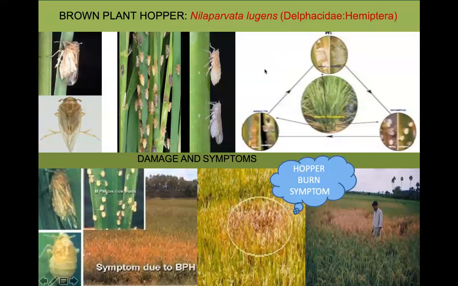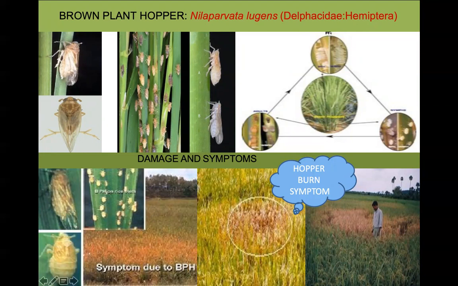Coming to another important pest, the brown plant hopper, Nilaparvata lugens. Here the adult as well as the nymph both congregate at the base. When you see a rice field, at the bottom they will be congregating at the base, and both the immature stage and adult suck the sap from the leaf and plant. While sucking, they inject toxic saliva.